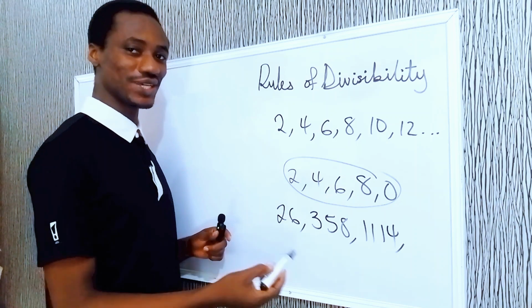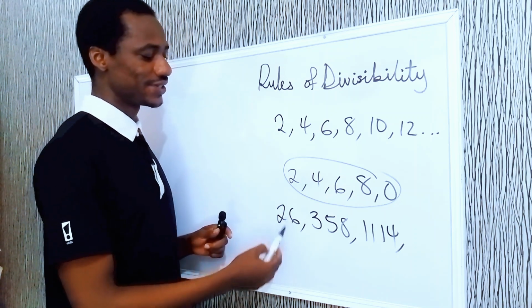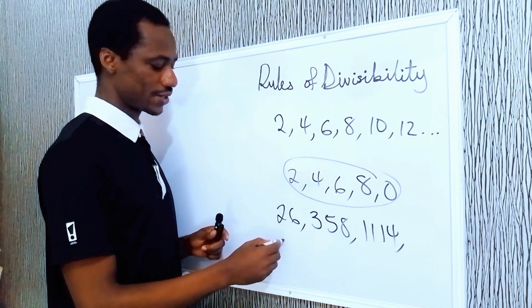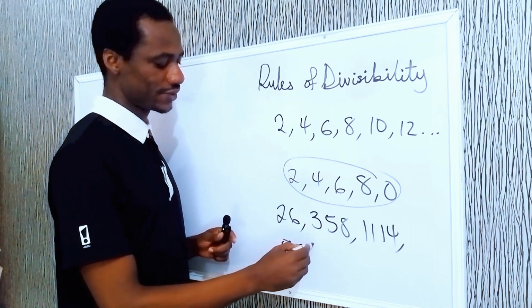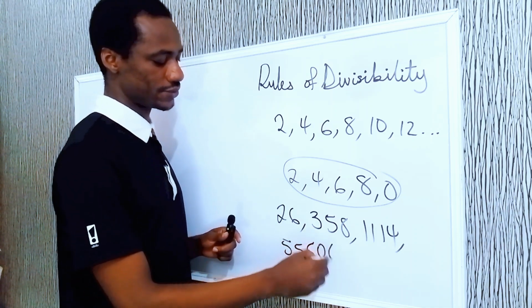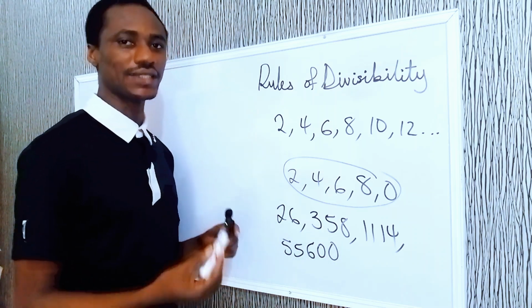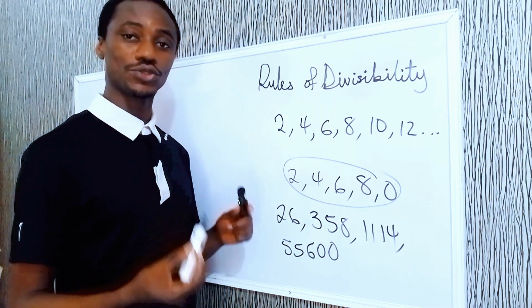All I need to do is to ensure that the number ends with either 2, 4, 6, 8, or 0. So a 5-digit number, I could have 55600. These numbers are all even numbers and they are divisible by 2.